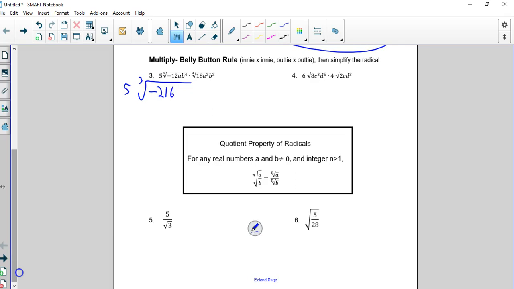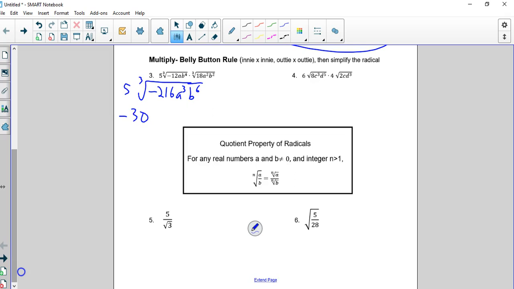We have a to the first, a to the second, which is a to the third, b to the fourth, b to the second, which is b to the sixth. Now remember, they're going to come out in groups of 3 for the letters, and for 216, we need to figure out what goes into 216. It's on our cube chart. And if you look, it's actually a perfect cube. Negative 6 times negative 6 times negative 6 is negative 216. So that's going to come out as negative 6 times the 5, which gives us negative 30 on the outside.